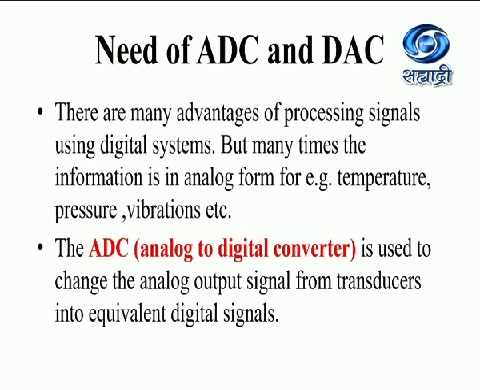As we studied in paper 1, the transducer chapter, the output of a transducer is always in the form of an electric signal, which is an analog output signal. When we want to display those signals on the display, we have to convert those analog signals into digital form. That's why ADCs, analog to digital converters, are required.